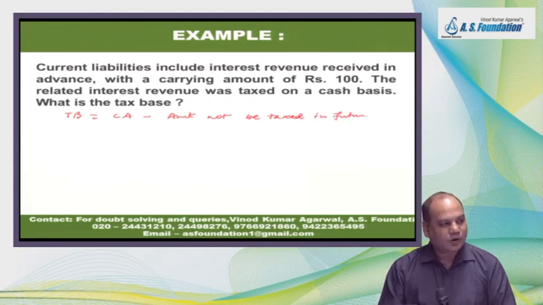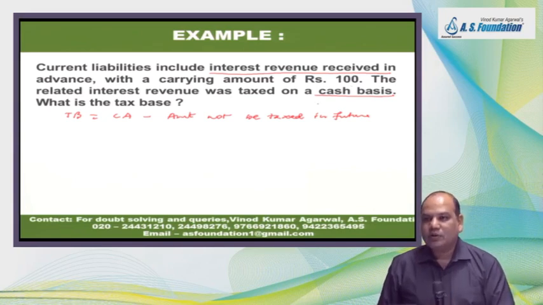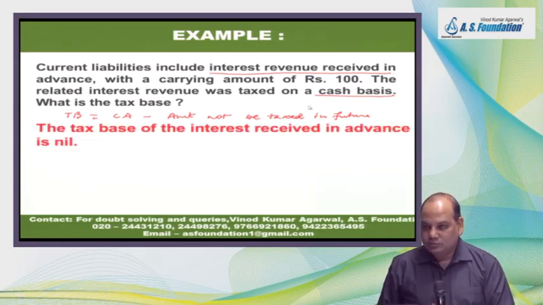For income, the formula will change slightly because it is interest revenue received in advance. They have already taxed on cash basis. So if you have already taxed on cash basis, the amount not to be taxed in future is 100 rupees. So the answer will be 100 minus 100, 0.